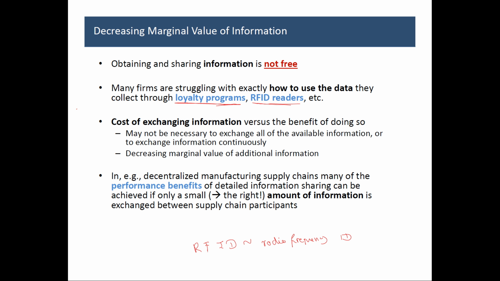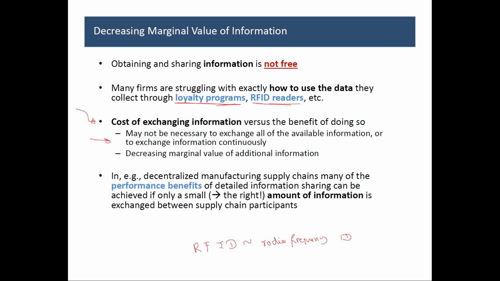So there's a cost of exchanging information when it comes to systems, and then we need to weigh the benefits accordingly. So also, if we look at the degree of information or data that we need to collect in order to arrive at valuable information, it needs to be monitored, exchanged, analyzed, and shared accordingly.